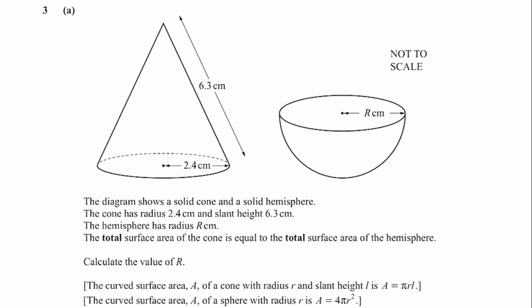The curved surface area A of a cone with radius r and slant height L is A equal to pi r L. Surface area of a sphere with the radius r is 4 pi r squared.